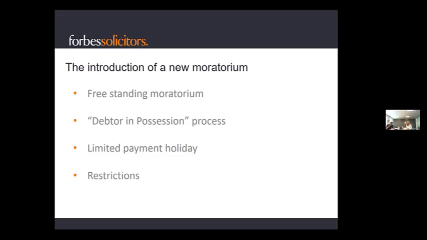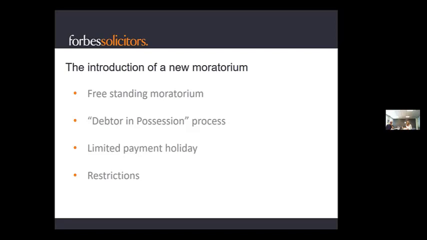The monitor must be, throughout the moratorium, and, like I say, continue to remain of the view that rescue of the company will be possible. If the monitor at any point is no longer of the view that rescue is possible, then the moratorium must end.